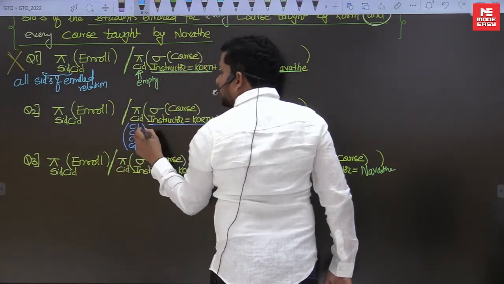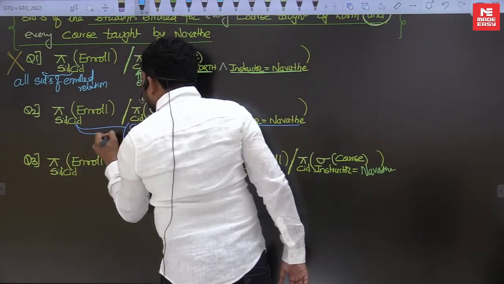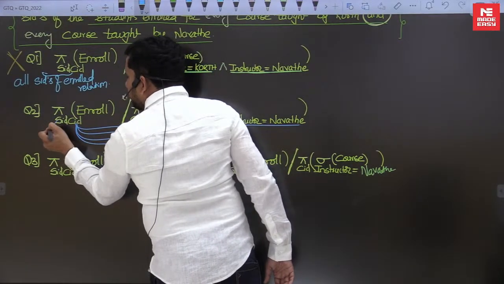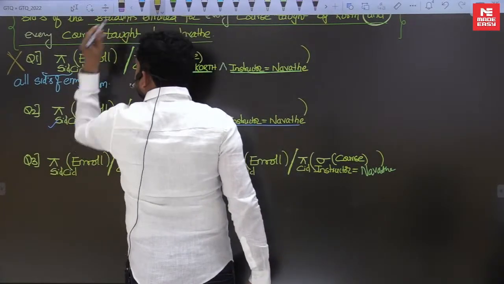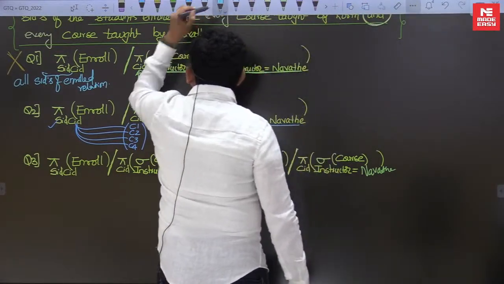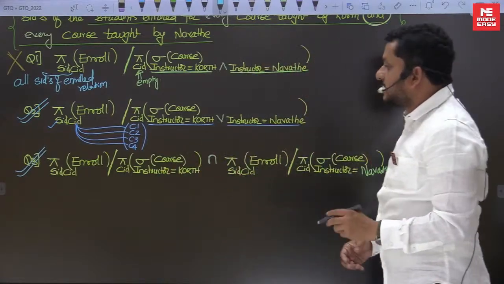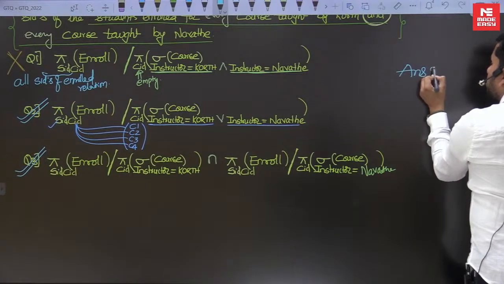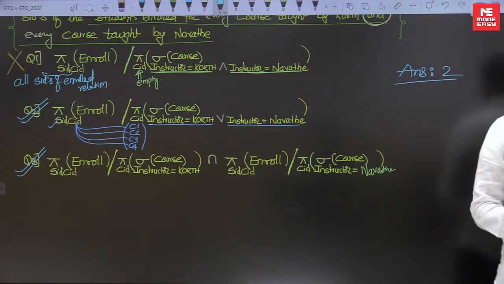If the denominator is all four courses, then the SIDs which pair with all four courses are in the result. So the SID who enrolled for every Koth course as well as every Navate course is in the result. The second one is a correct query, and anyhow the third one is also correct, with nothing much to explain. So out of three queries, two queries are correct for the given specification.